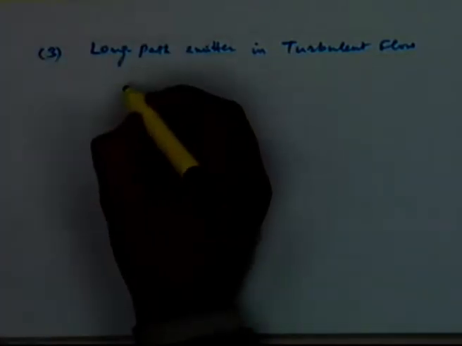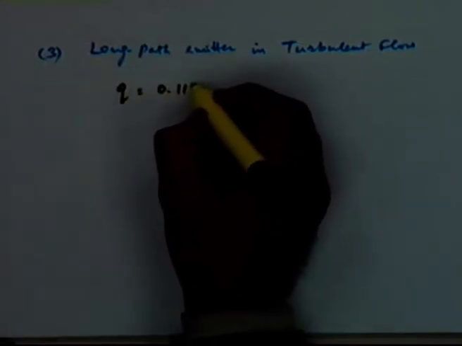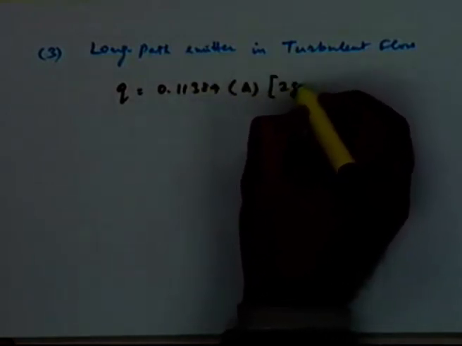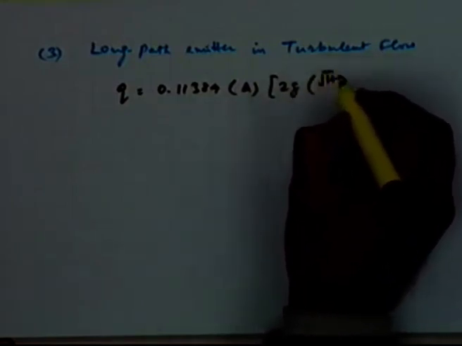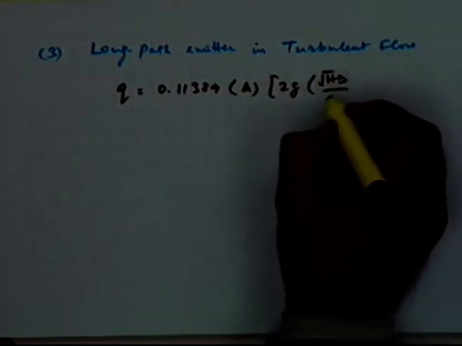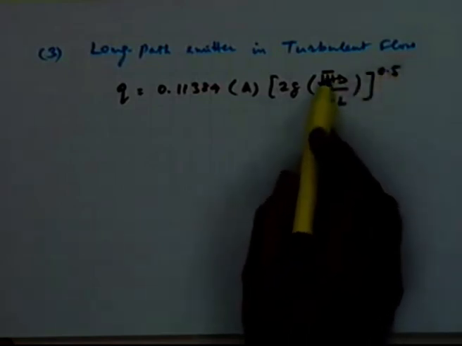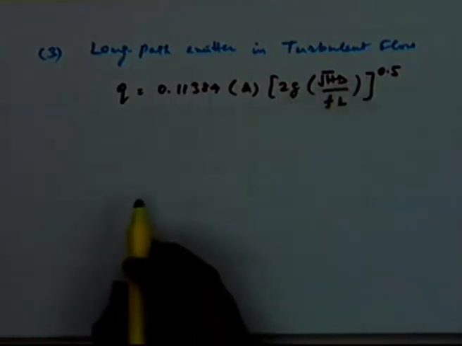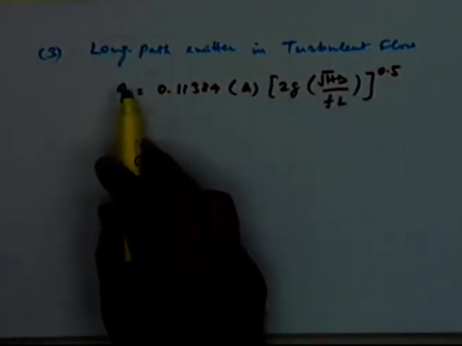In this case, the equation which will be used is also slightly different. This is h under root only, not including d. So this is the expression which has to be used for the turbulent flow case to find out the emitter discharge.